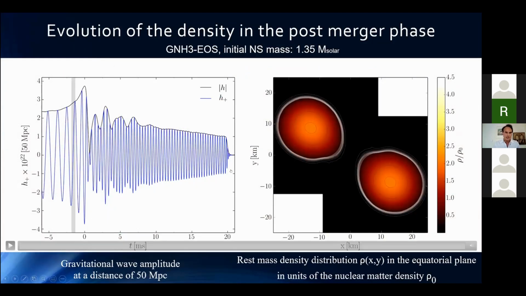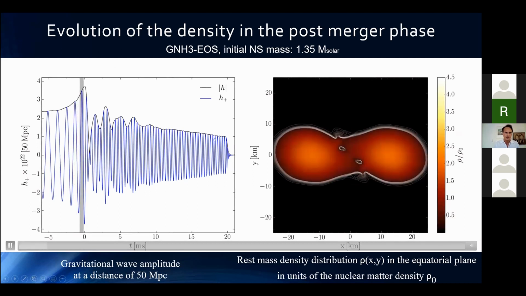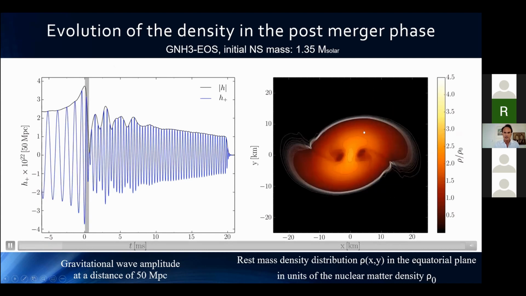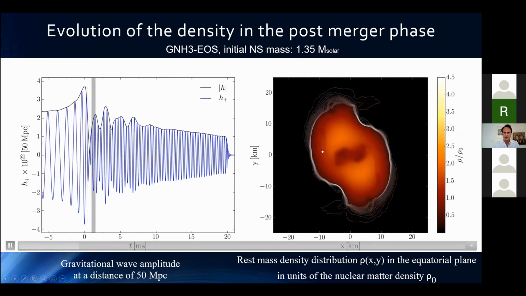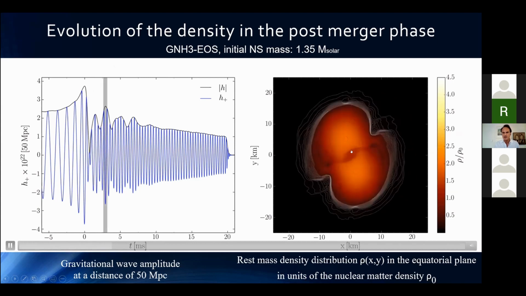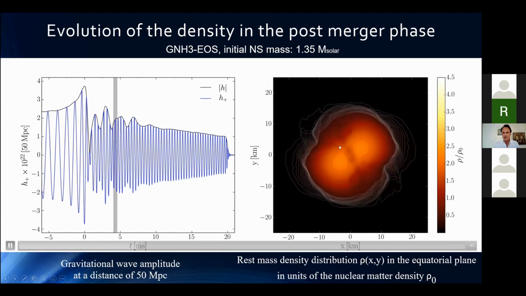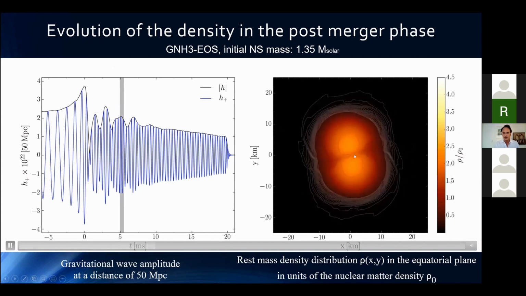So here we see the simulation. Here we see the gravitational wave, and here we see the density. After the merger, which was here, a kind of wild post-merger phase enters, where you have a kind of double core structure.